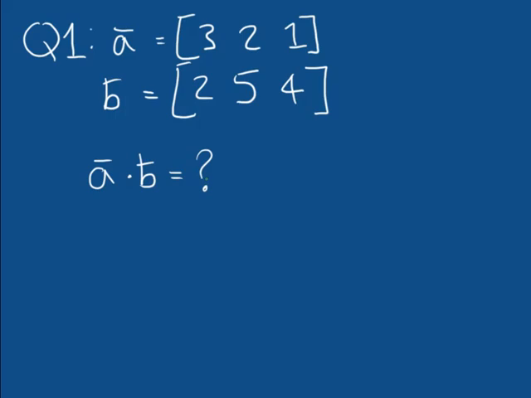Okay, welcome back everyone. So we're searching for the dot product of these two vectors, and since we know the components of our vectors, it's going to make sense to use the component definition of our dot product.